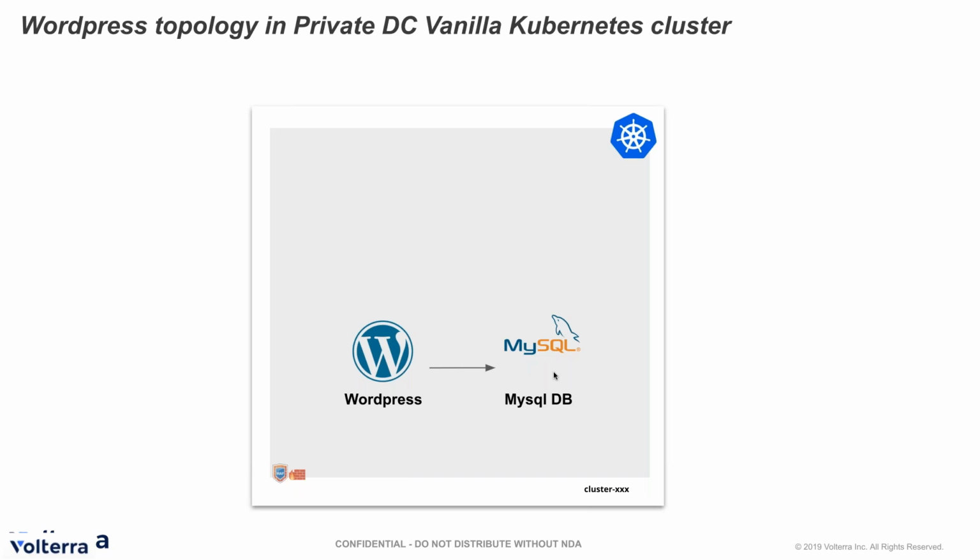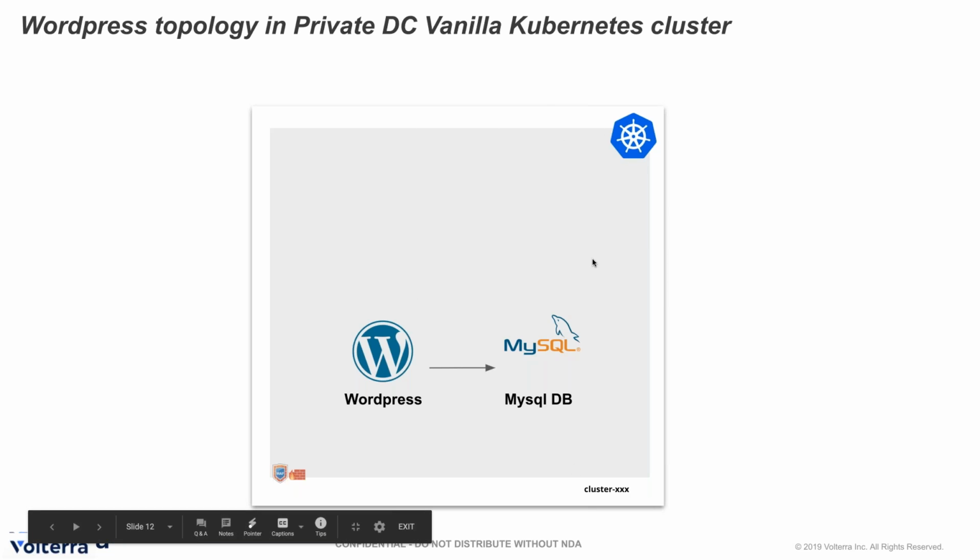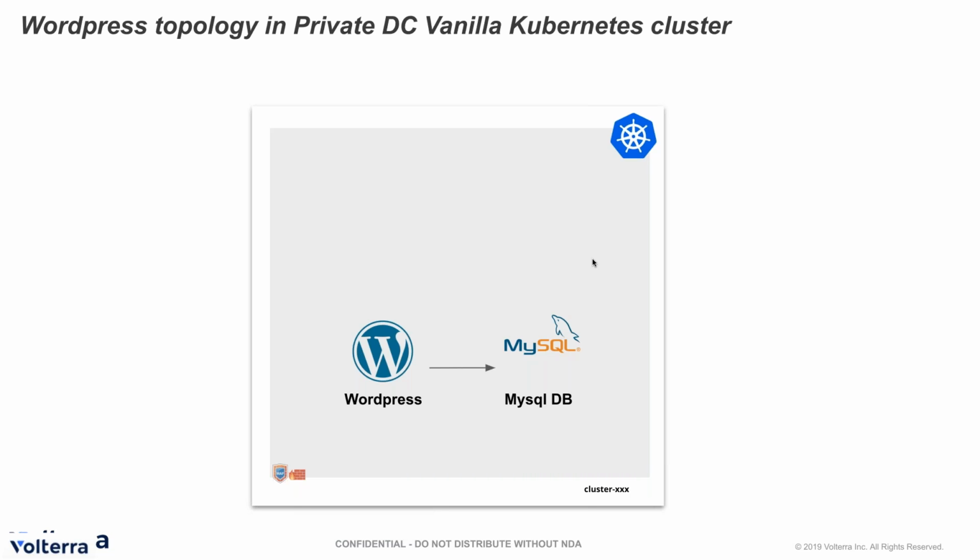A good example is WordPress. In my case, I will have a vanilla Kubernetes cluster in a private data center, and my goal will be to expose it globally with DDoS protection and WAF protection, and I will also show you some tests of how to protect it. It's a simple app, 2 pods in a Kubernetes cluster.